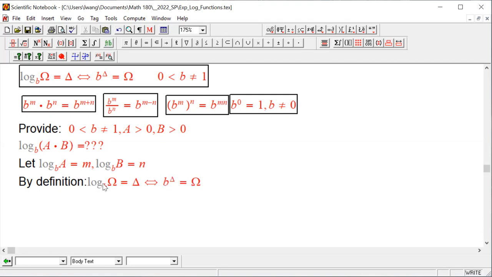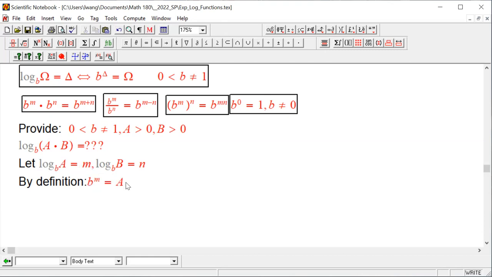So B, capital A, and that capital A becomes, this is a capital A, and this is M. So B to the power M is a capital A by definition. Okay, so from here, we get to there.